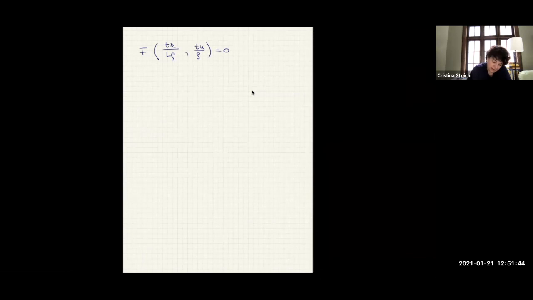Fine. I can say that this is an implicit relation, so I'll make it explicit. I'm going to pull out, let's say, T R over L rho is some function, let's call it G, of T U over rho.